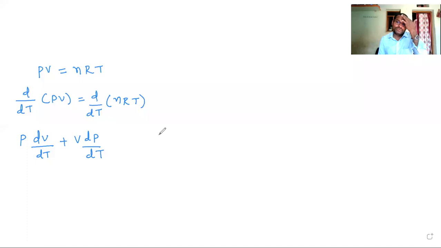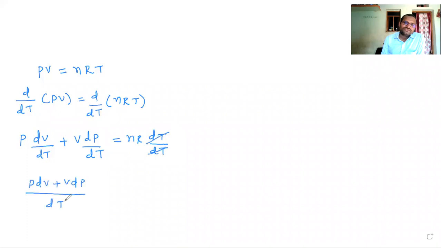You will get dT by dT, this dT cancels. So we can write PdV plus VdP upon dT is equal to nR. So in the end, PdV plus VdP is equal to nR dT. Let us take this as equation number 1.